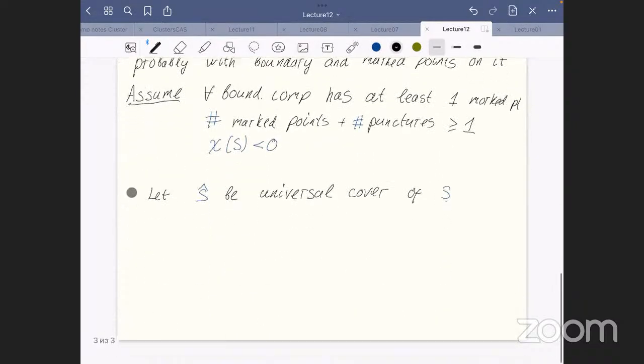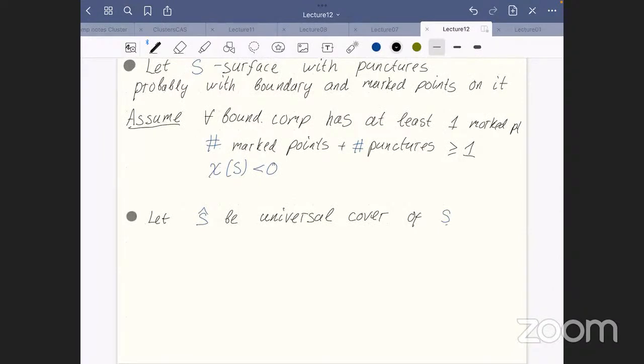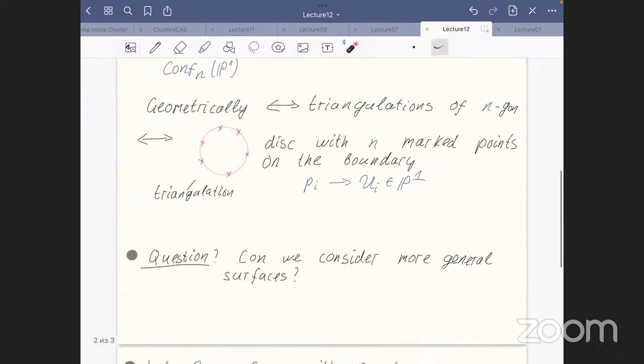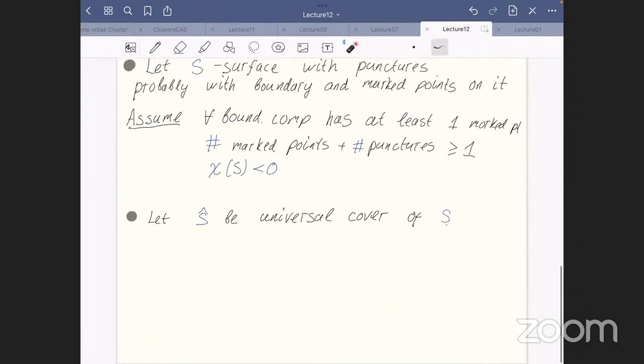So here, let us pick some triangulation of the surface. What kind of triangulation will we consider? I'm trying to say that everything is similar to what we have for the disk.